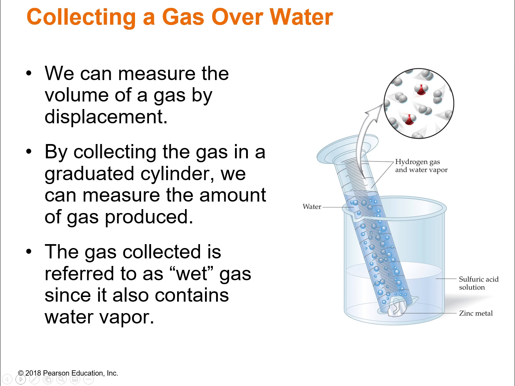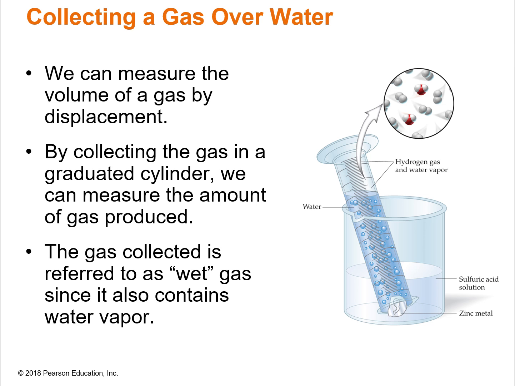Related to partial pressures, there are some experiments where you're collecting a gas over water. So let's say that you add zinc to an acid like sulfuric acid, and you want to collect the hydrogen gas over water.